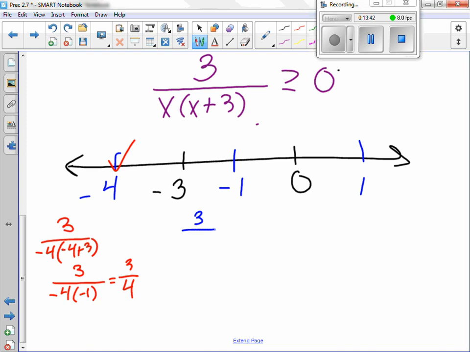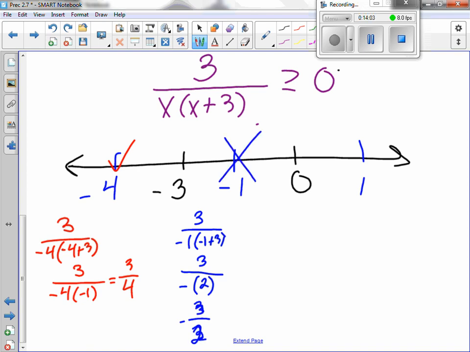Now we have 3 over negative 1 times negative 1 plus 3. So that'd be 3 over negative 1 times 2, which is 3 over negative 2. Yep, would be negative.